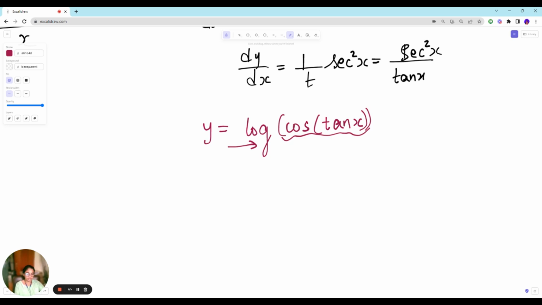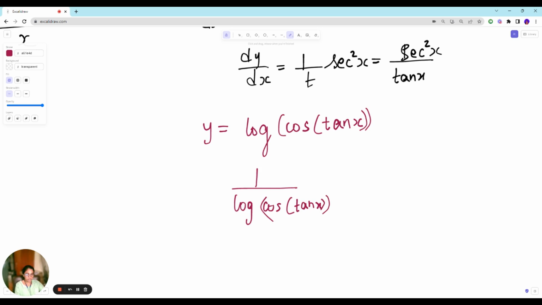Correct. If I apply chain rule, I will take cos of tan x as t, correct? Then one side I'll have cos of tan x, other side I'll have log t, correct? So first let me find the derivative of log t. Okay, so what is derivative of log t? That is 1 divided by log t. What is log t? In place of t, let me substitute back cos of tan x.